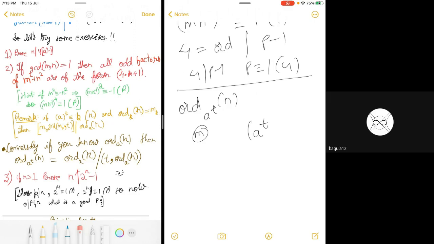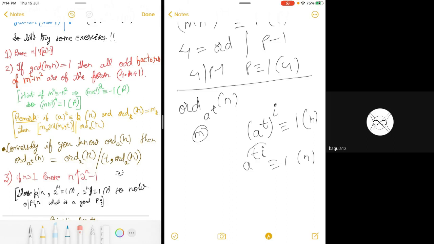So by considering the order of a to the t... yes, you are on the right track. Basically, the order of a to the t is by definition the minimum i such that (a to the t) to the i is congruent to 1 modulo n. That means the order of a to the t is i, and this corresponds to a to the ti congruent to 1 modulo n.